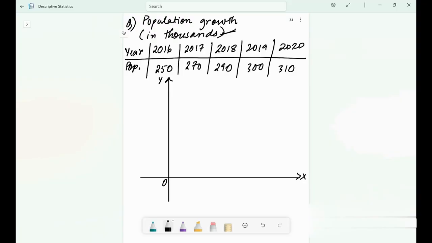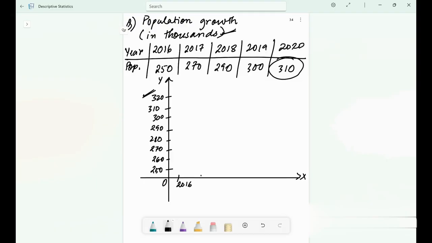Let's start from 250. 250, 260, 270, 280, 290, 300, 310, 320. Why did I take 320? Because it's always better to have the succeeding value after the last value. Okay. Now let's plot the x-axis.